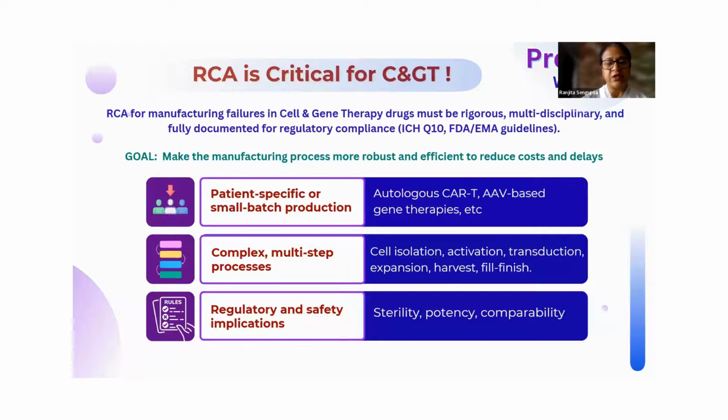So basically, it's a personalized medicine where you have to manufacture a batch for each patient, which makes the cost quite prohibitive. And also, usually each of the batch sizes is pretty small. And then, of course, there is a huge regulatory and safety implication, because of which, if there is any manufacturing failure, you need to do this very, very rigorously.